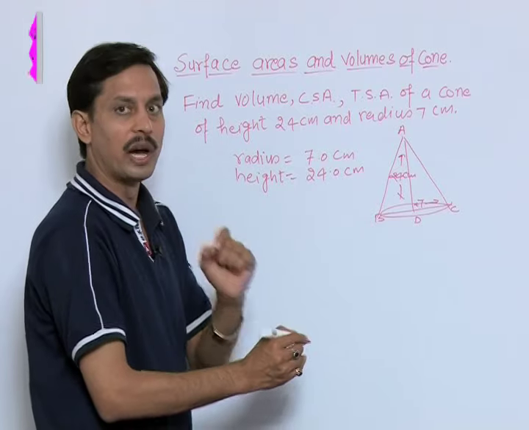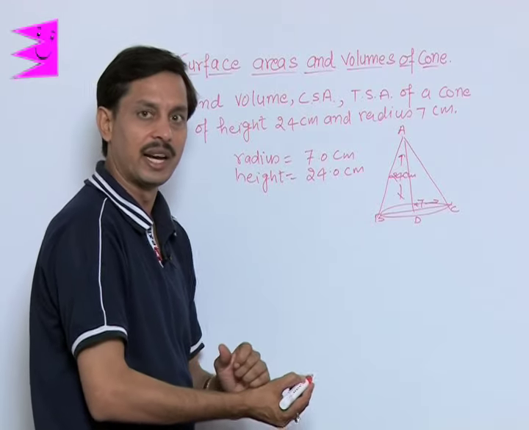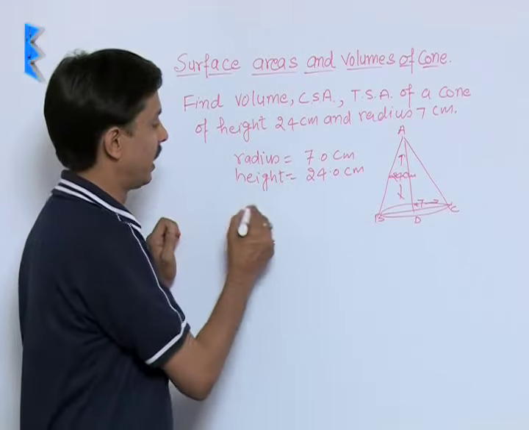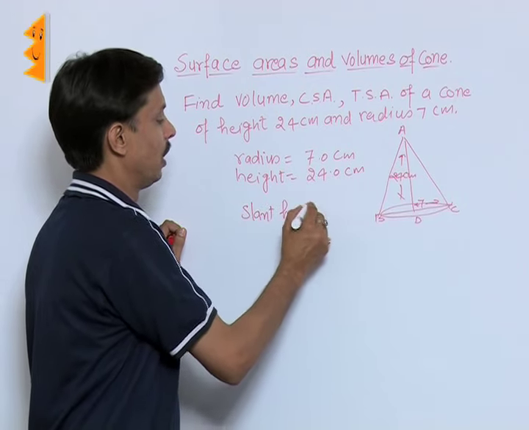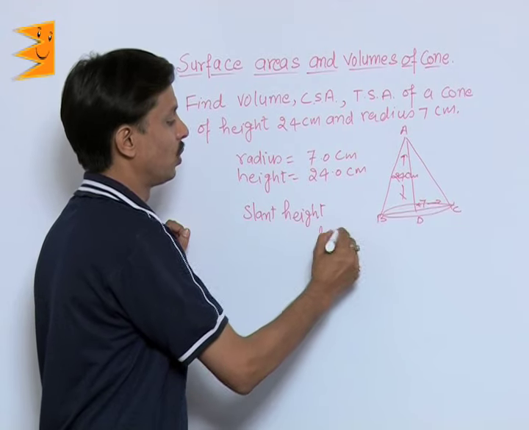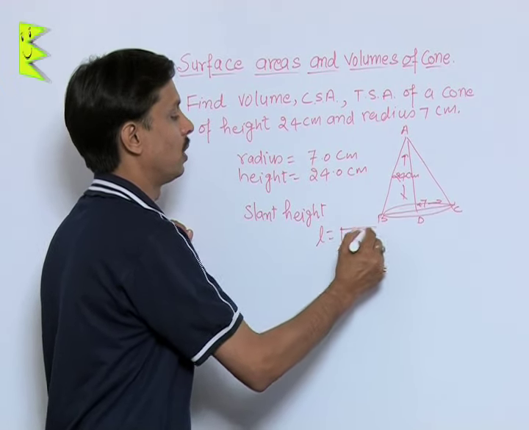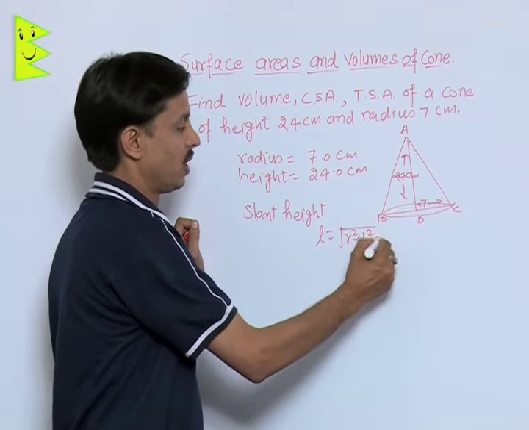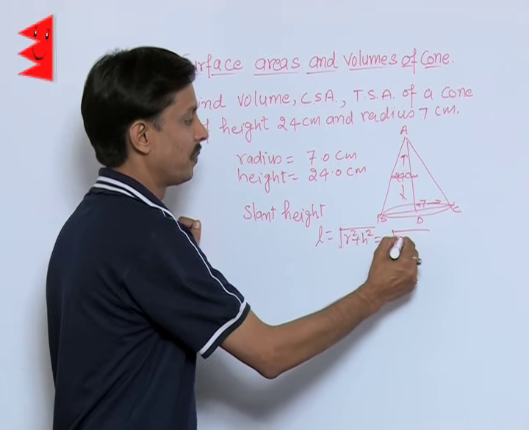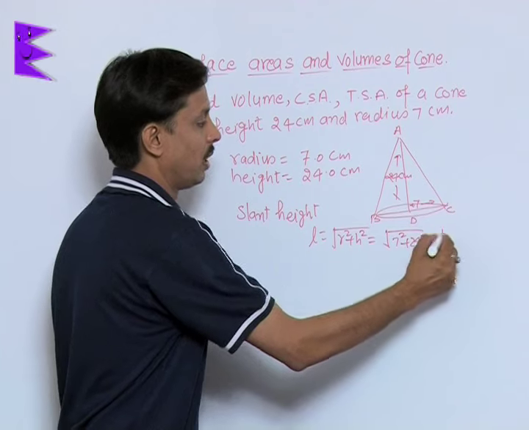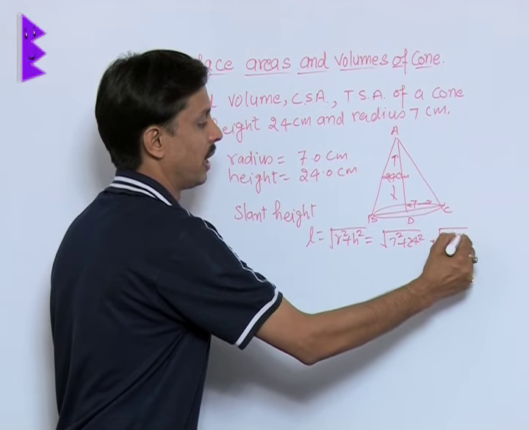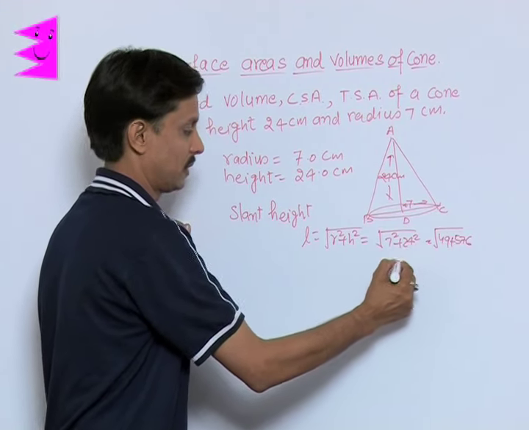But there is one more height in a cone, that is known as the slant height. To calculate the slant height, we can say slant height is given by l is equal to root of r square plus h square, which becomes root of 7 square plus 24 square, equal to root of 49 plus 576.